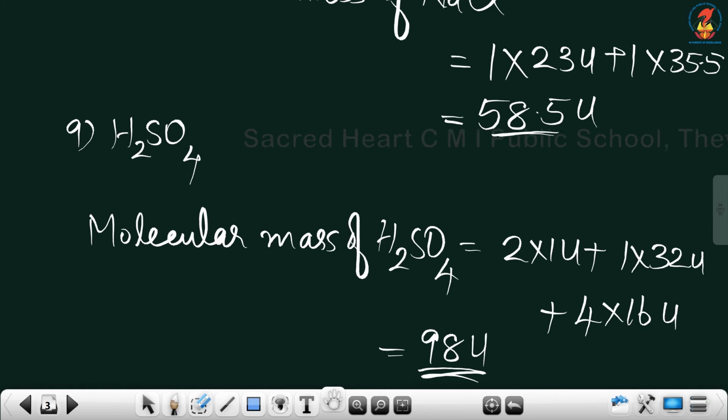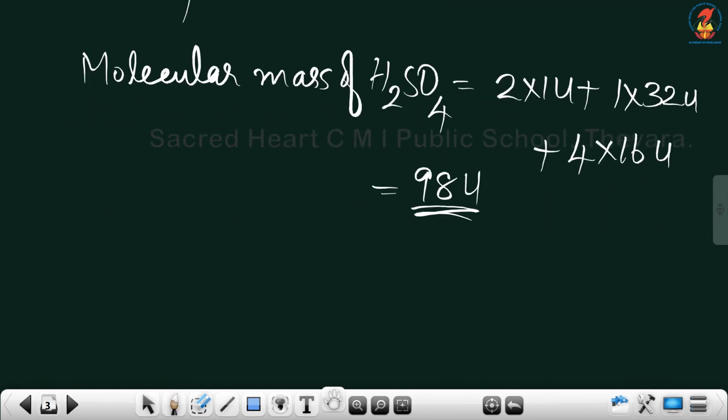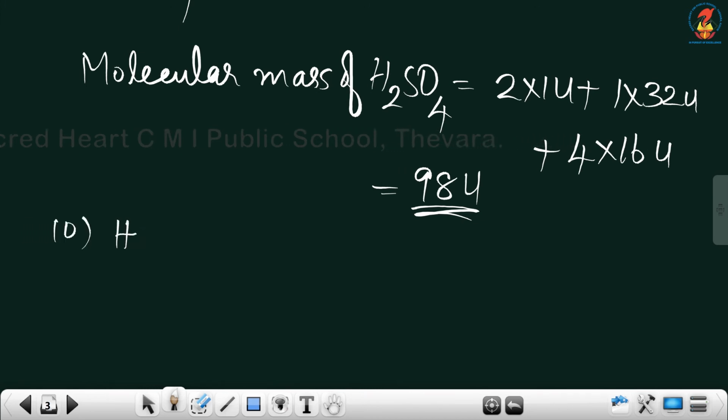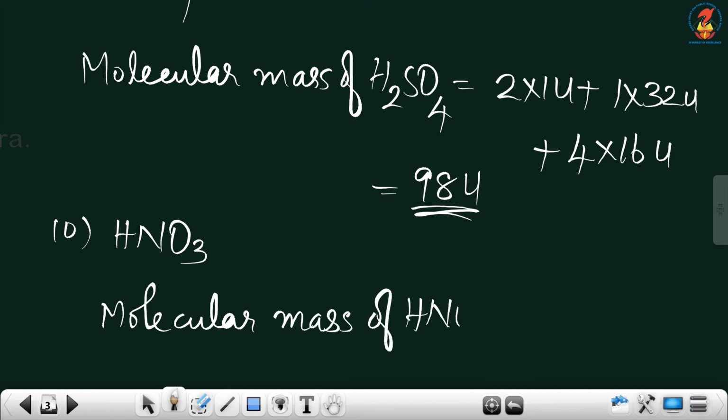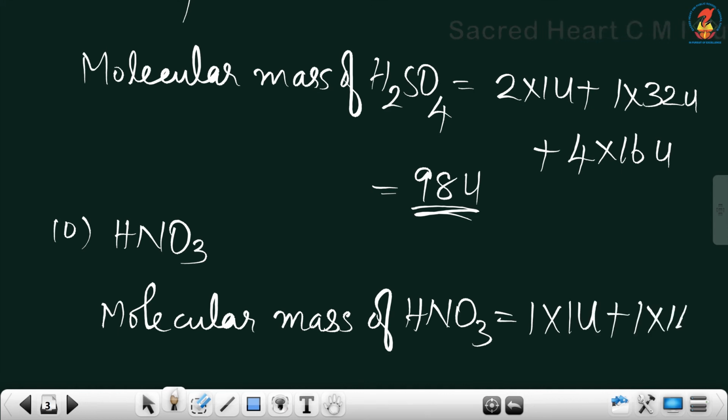One more example we can see, the molecular mass of nitric acid. Nitric acid is written as HNO3. Molecular mass of HNO3 is equal to how many hydrogen? 1 into 1U plus nitrogen 1 into 14U plus 3 into 16U.